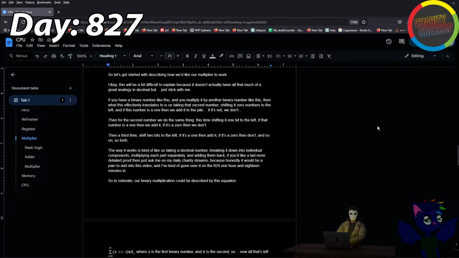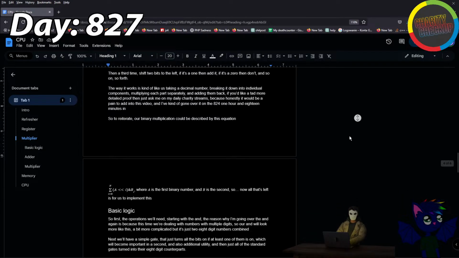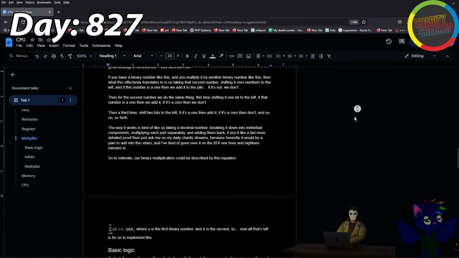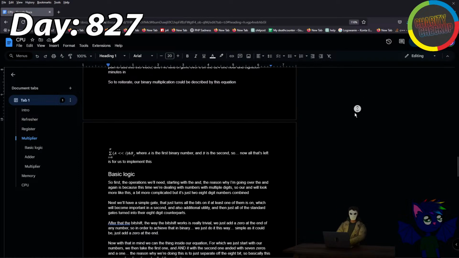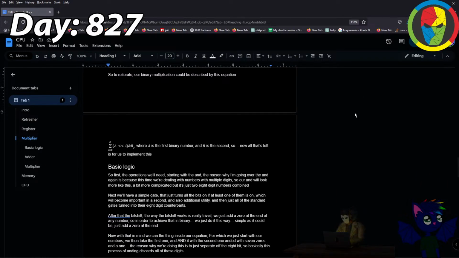Multiply by a number like this, then do the translation taking the second number and shifting it. Okay, then this can be described by this equation. You have the option of using a binary programmer calculator, so you don't have to work it out by hand.